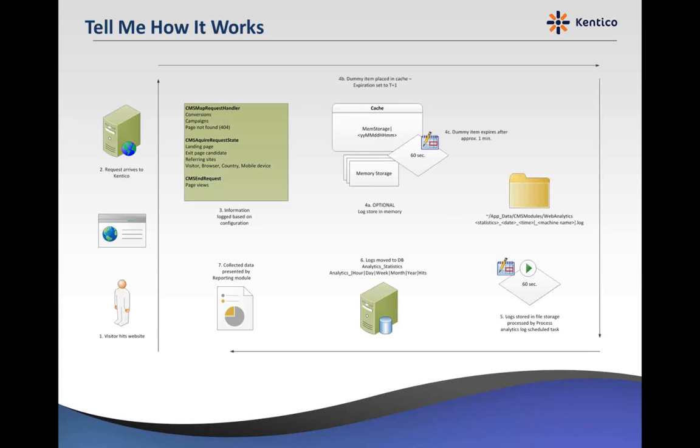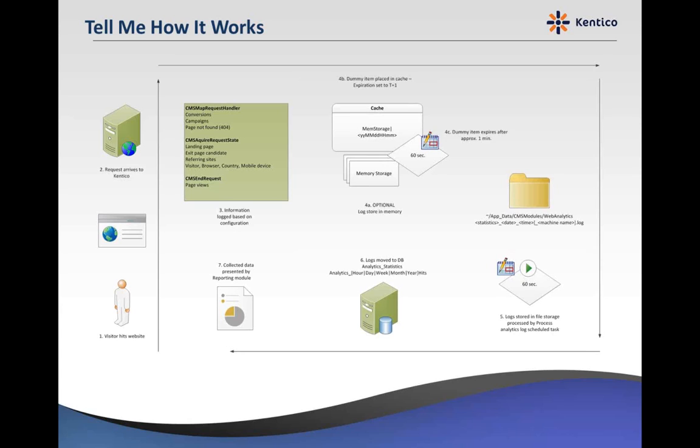That way, for the duration of 1 minute, all statistics reside in memory until the dummy item expires. And at that point, statistics get transferred from memory into the physical location.